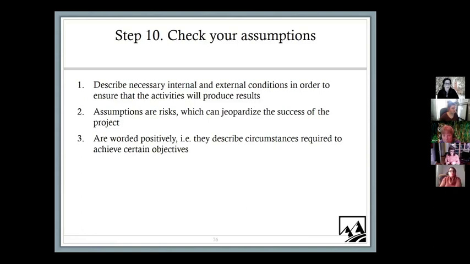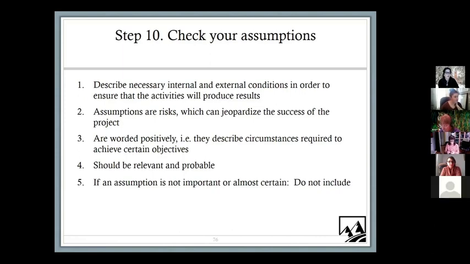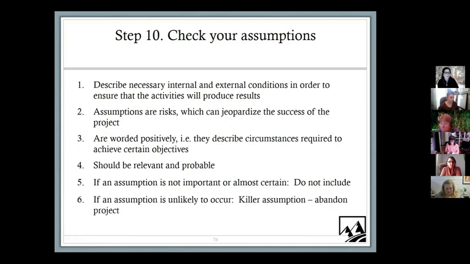In other words, they describe circumstances required to achieve certain objectives. They should be relevant and probable types of statements. And if an assumption is not important or almost certain, just don't include it. We don't need to have that in there because it's sort of stating the obvious or not important.